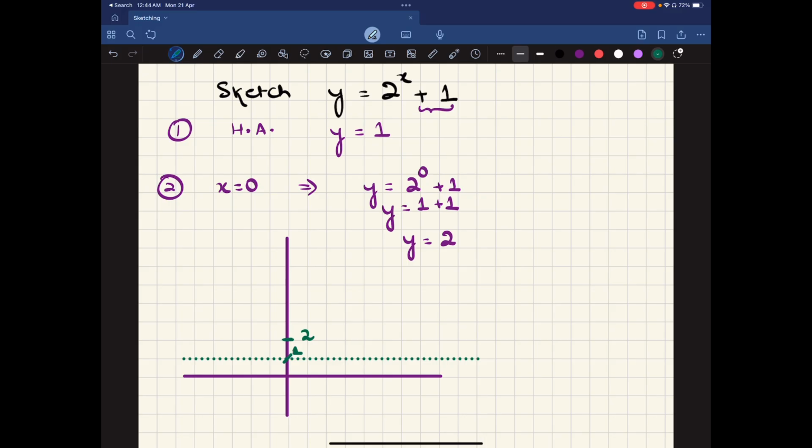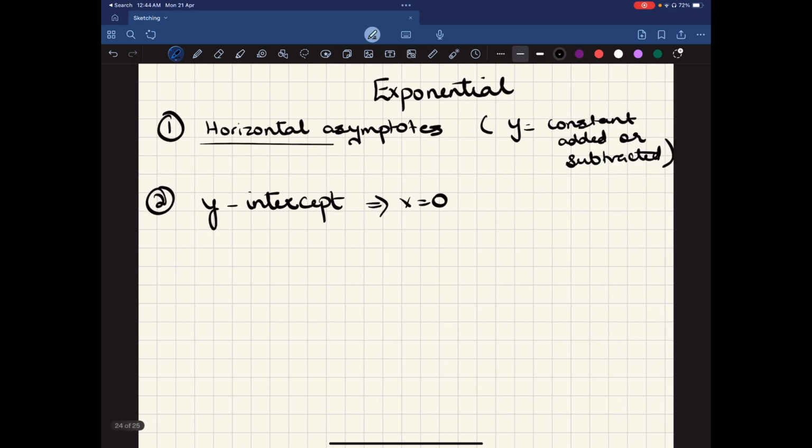So your graph is going to be something like this. And you're going to label it as y equals 2 to the power x plus 1, x-axis, y-axis, and that's all.